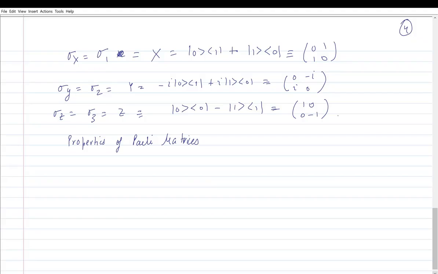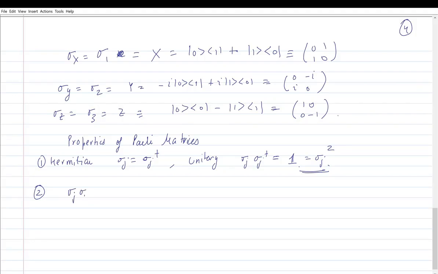So the properties of Pauli matrices are, well, they are Hermitian. You can of course verify them. They are Hermitian as well as unitary. So when they are Hermitian as well as unitary, this implies that the square of them is identity.